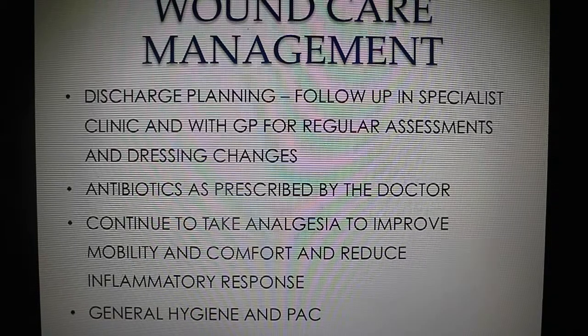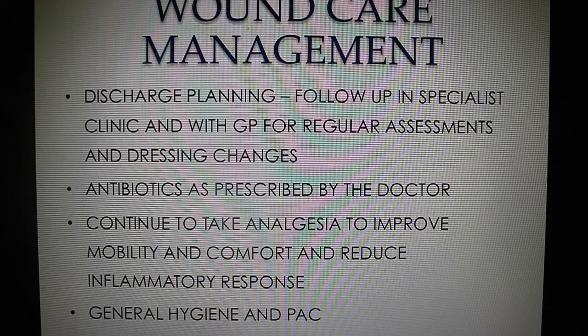So management for this patient, as he needed to be discharged, we then organised for a specialist clinic appointment where he would follow up for wound care a week after his discharge.